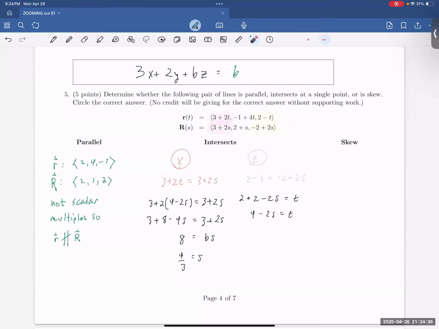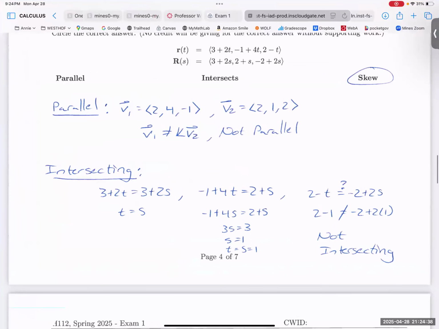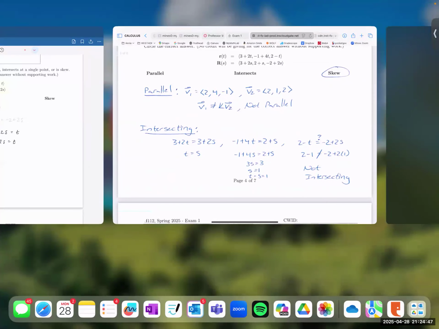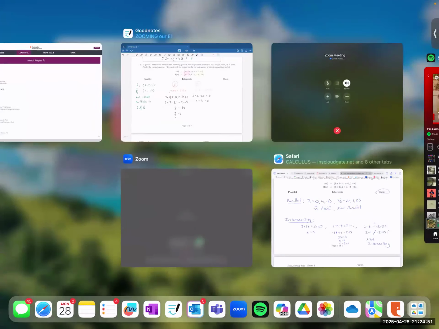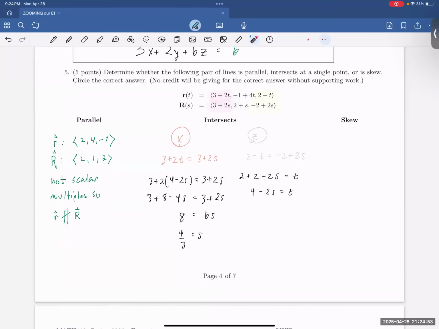Let me keep going. T and S do have to be the same. S has to be 4/3.